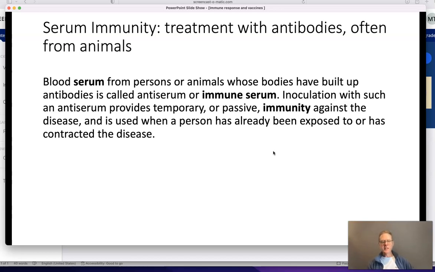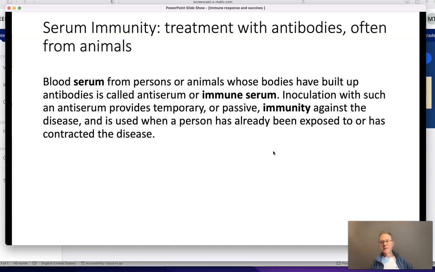But as I started to say, this is what was used during the Spanish flu, which of course in 1918 is caused by a virus. Don't have any treatment for viruses. They would infect horses with the flu, and then drain their blood, take out the blood serum or anti-serum, and use that to treat people, believe it or not.